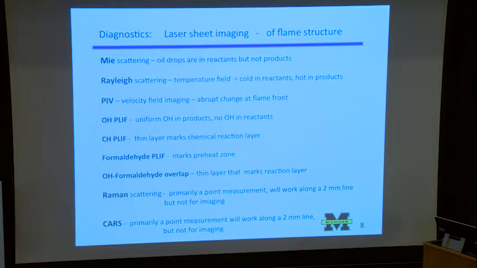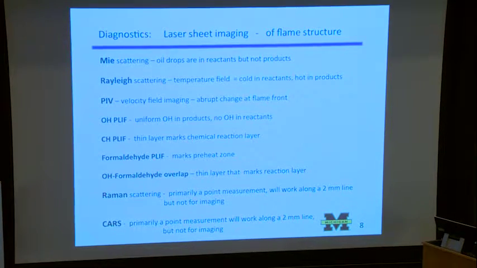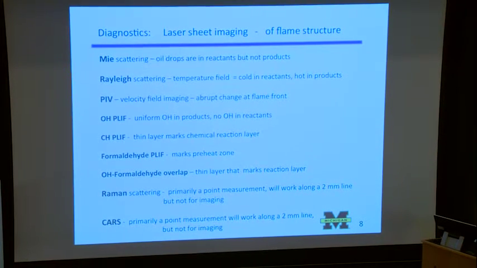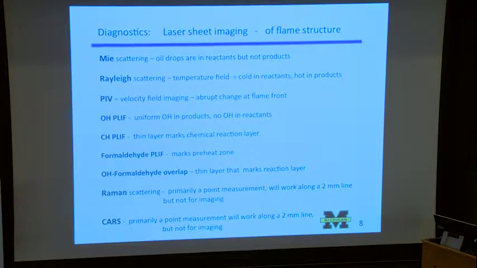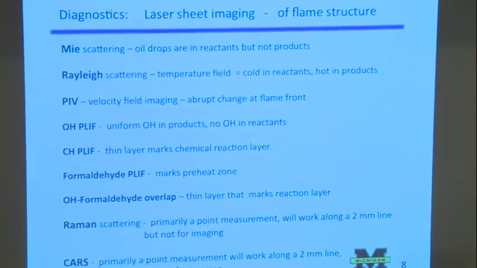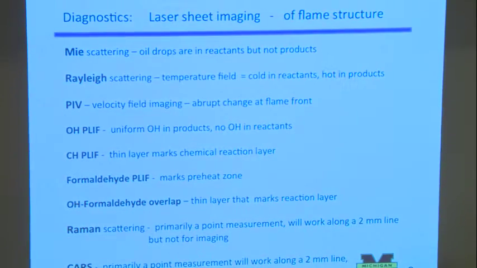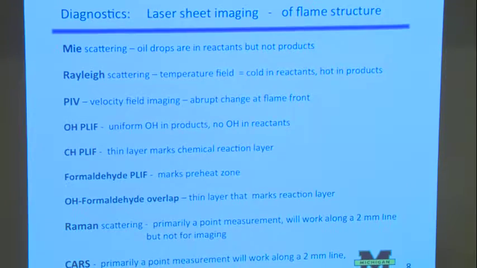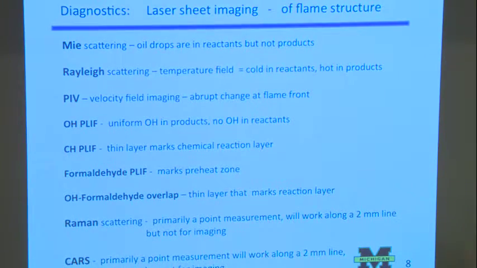Some of you may have used some of these diagnostics, and maybe you've heard about them from Professor Lin. But Mie scattering used to be a major technique, and that's being replaced. But if you put oil drops in a premix flame, you see they disappear at the flame front.